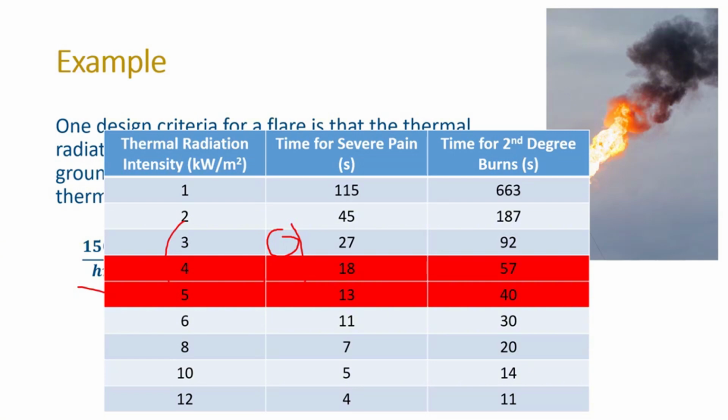So we wouldn't want people hanging around too long in that area on the ground in close proximity to the flare while the flare is going. So here's how we could look at this design criterion to understand its impact on our workers.